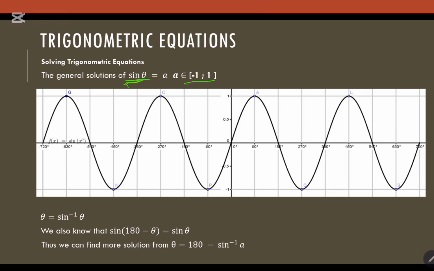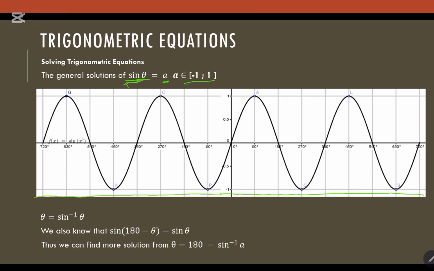So that means the minimum value of this graph is -1 and the maximum value is 1. So if it happens that the number that we have here is smaller than -1 or bigger than 1, there won't be a solution, because suppose the value of a is -1.5, that graph will be moving below the sine graph. So these graphs won't intersect.